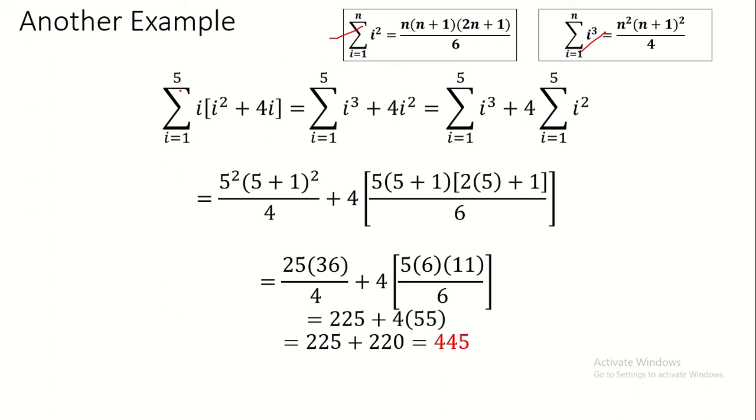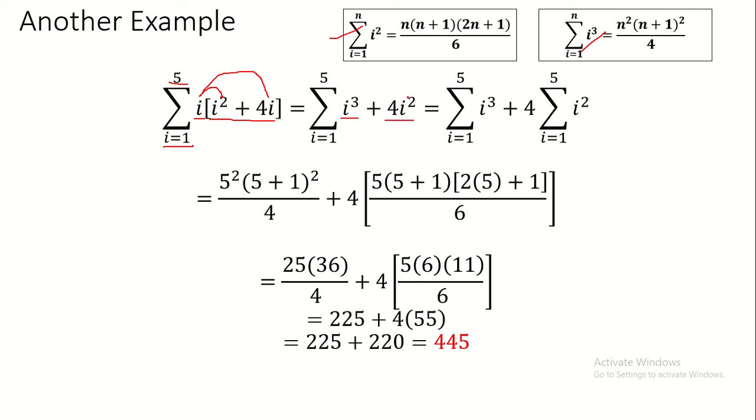So if we have the summation of i times the quantity i squared plus 4i from i equals 1 up to 5, ang gagawin natin, we're going to rewrite this one by distributing i into i squared and 4i. So i times i squared is i cubed. And then i times 4i is 4i squared.